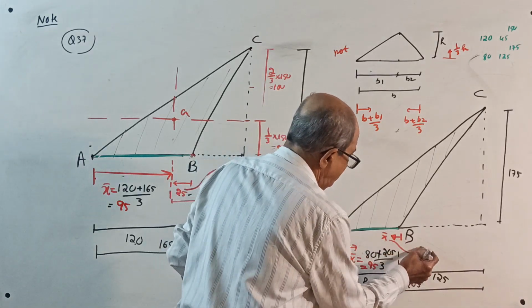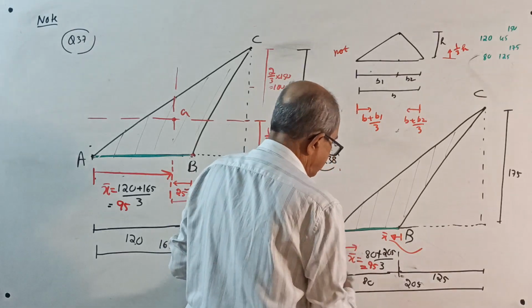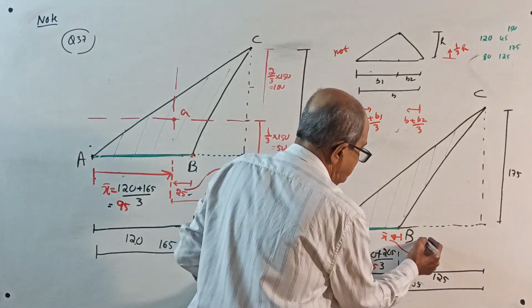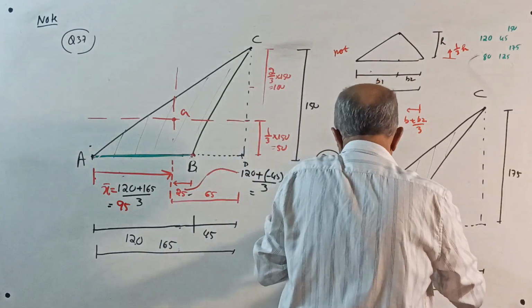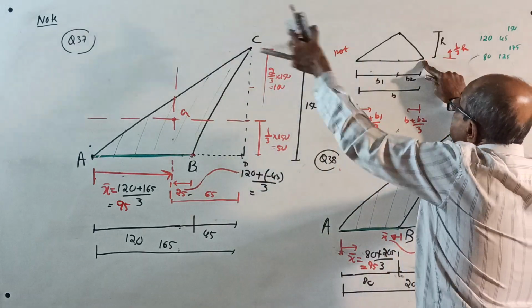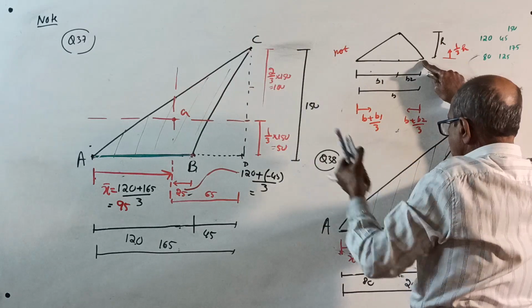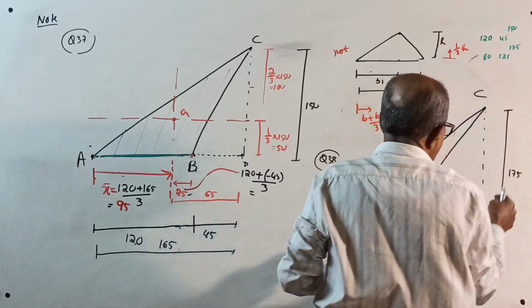The formula is how much? The formula is full base. How much is it? 80 plus from here to this side, where I told you from here towards the other side point, the other end. How much you have to go to the other end? That side up to the perpendicular meeting point. It is here.